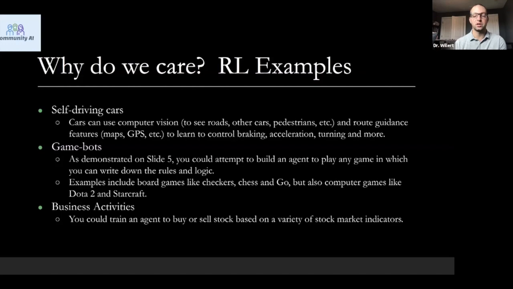So I think I shared in the first lecture the video about AlphaGo, which is a bot that DeepMind trained to play the game of Go and actually beat some of the top ranked players in the world. But game bots have actually also learned to play really complicated computer games like Dota 2 and StarCraft.